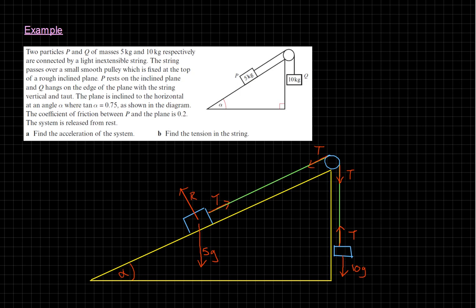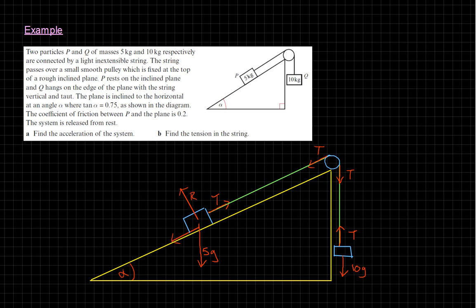And what that therefore means is that the friction is going to be acting opposite to that motion, going down the slope. So let's add in the friction here. Let's use a straight line. So we've got the friction.